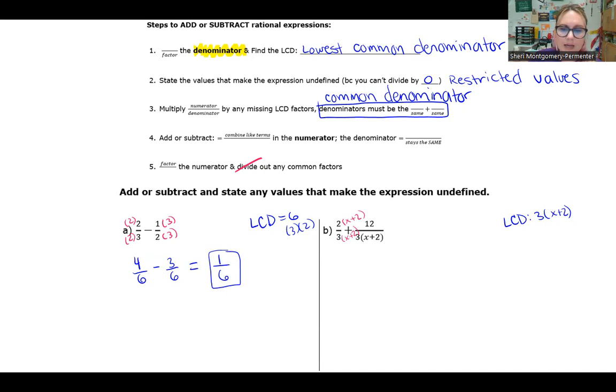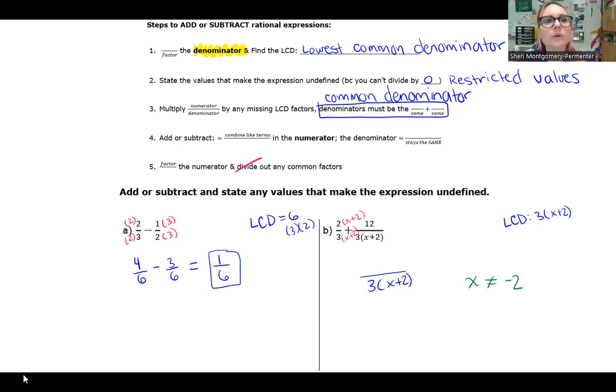And when I do that, I can also identify any restricted values. So I know that I am going to put those together, and when I do, my denominator will be 3 times x plus 2, and my restricted values, x cannot be equal to -2.